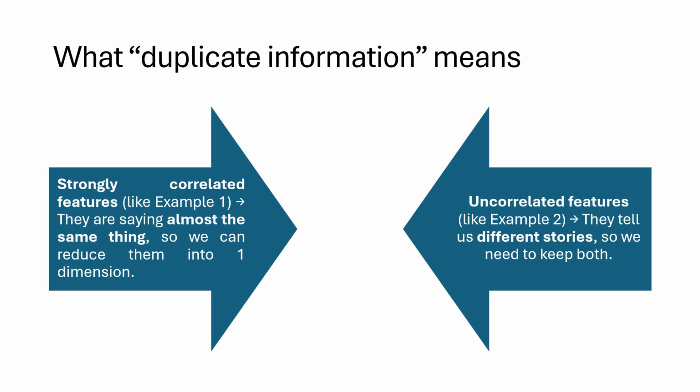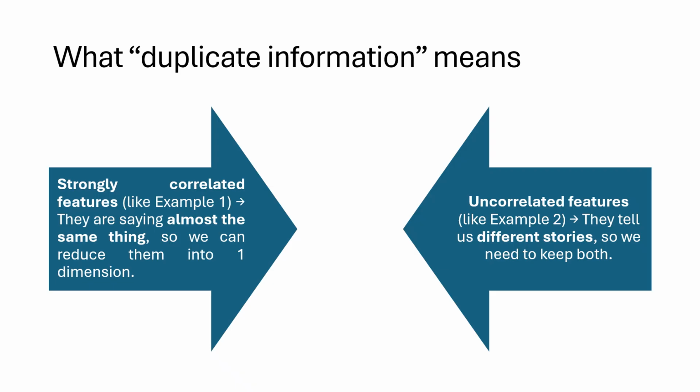But if two features are uncorrelated, like in example 2, they are telling different stories. In this case, we cannot drop either one because both carry unique information. So PCA's role is to figure out which features are duplicates and can be combined, and which features are independent and should be kept.